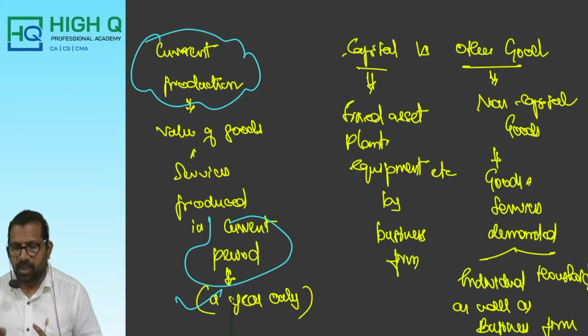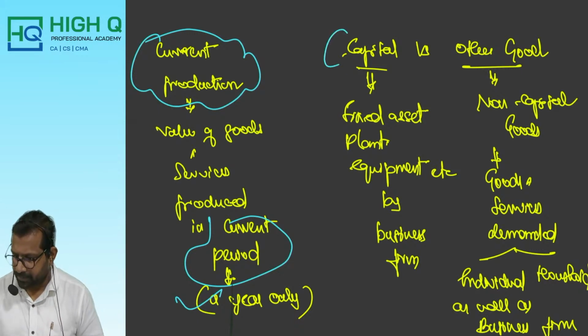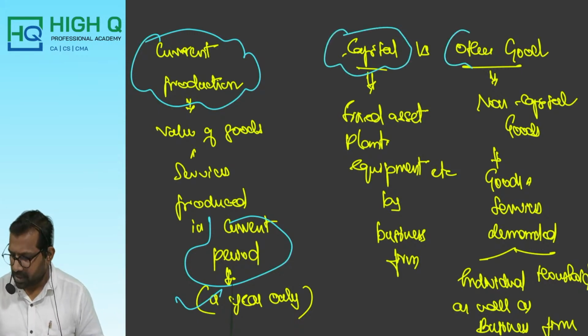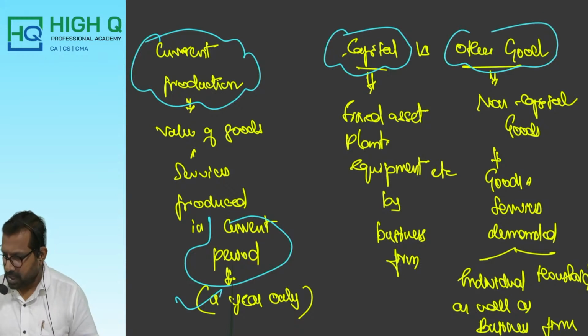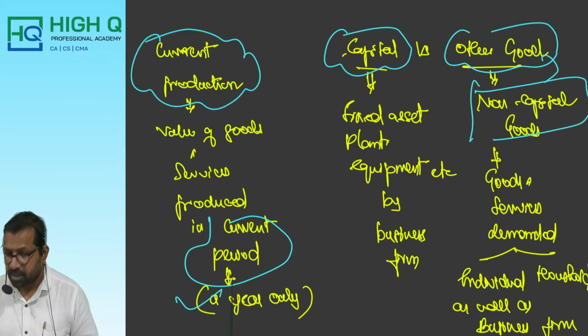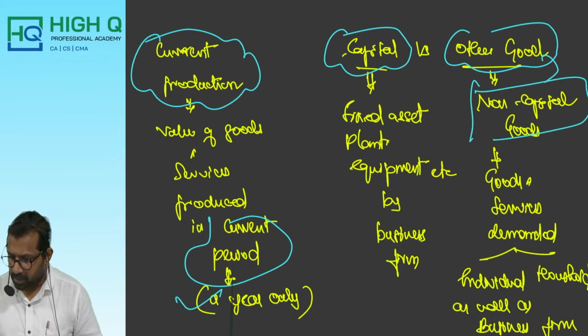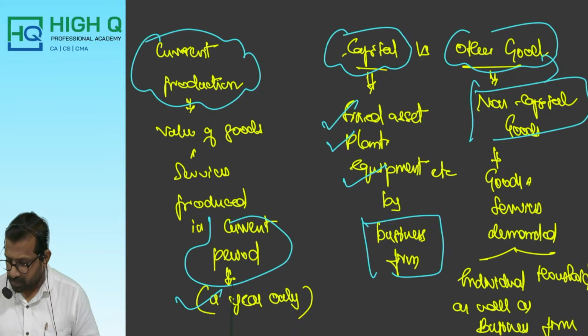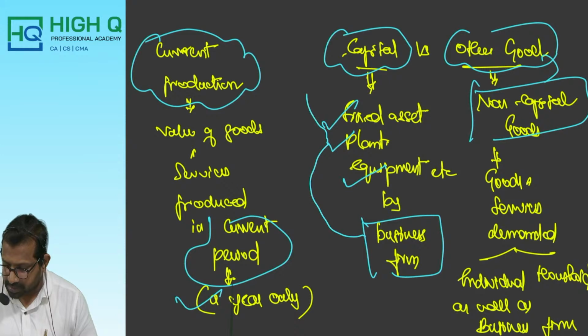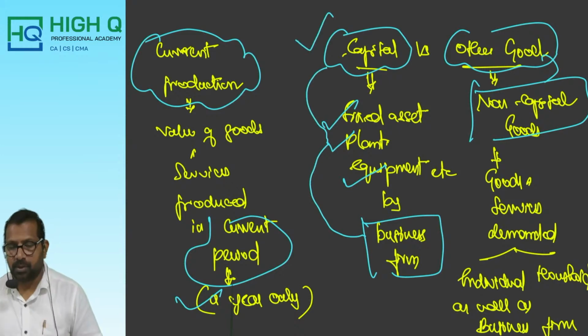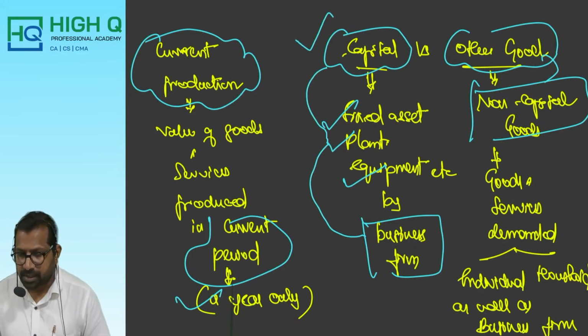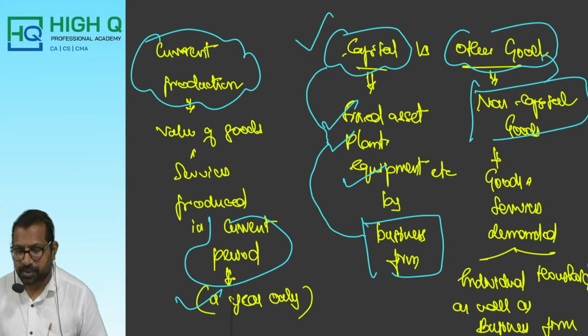So there are two types of goods. One is capital goods, another one is other goods, which represents non-capital goods. Fixed assets, plant, equipment by a business firm. So people who are engaging in business and involving these types of assets, called capital goods.